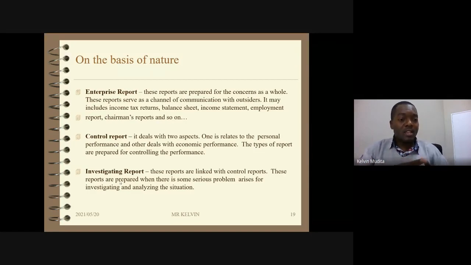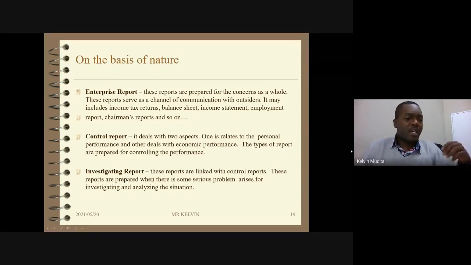So there is nothing called types of reports. It depends on what you are writing the reports for. So someone should not ask you how many types of reports we have. Otherwise, we have hundreds and hundreds of reports.